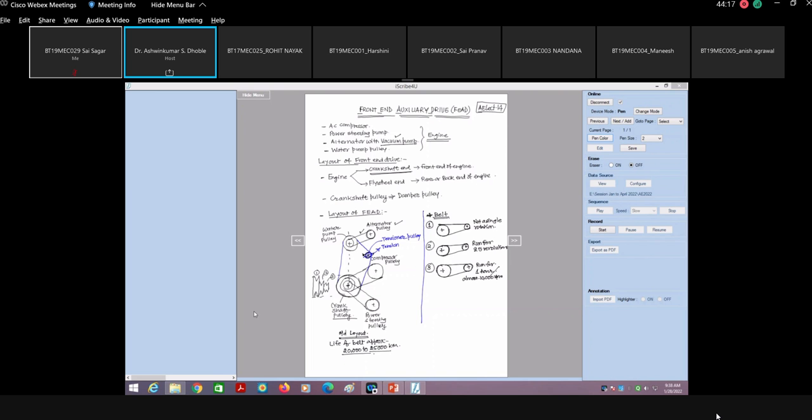Rather than saying rpm, I am saying just revolutions. So in 1 hour it might have undergone 10,000 revolutions. So please tell me which belt you call the new belt and which belt you call the old belt. Please tell me.